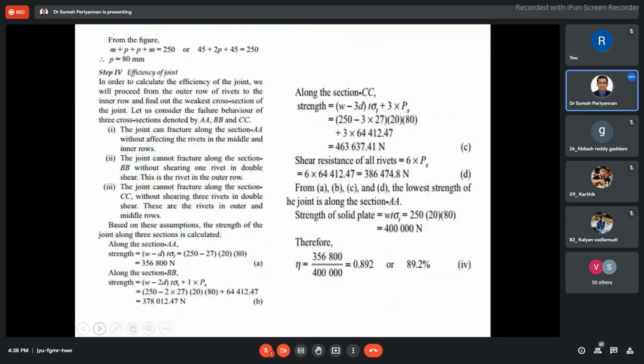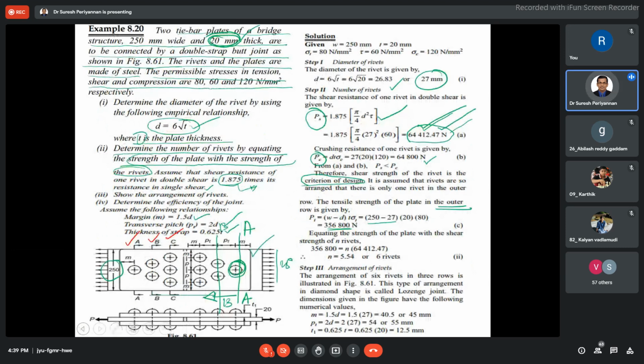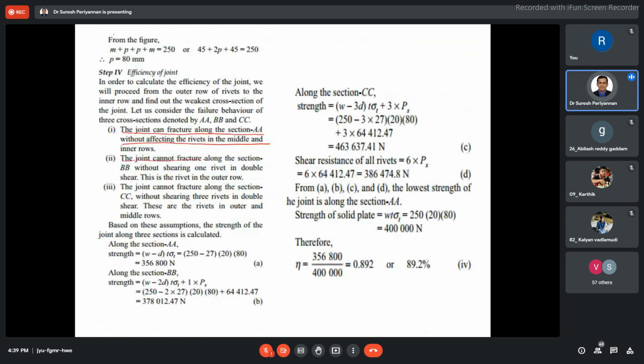See here, they clearly explain that the joint can fracture along section AA without affecting the rivets in the middle. Obviously, we are assuming that this may fail, but that may not fail, because this fails first and the other fails second. Then, the joint cannot fracture along section BB without shearing one rivet in double shear.